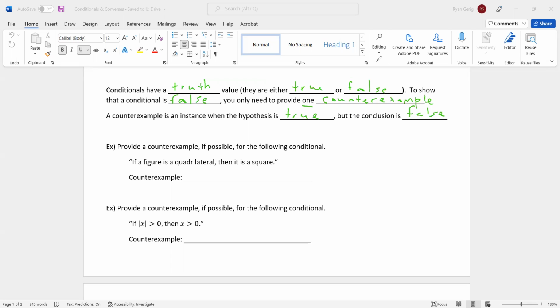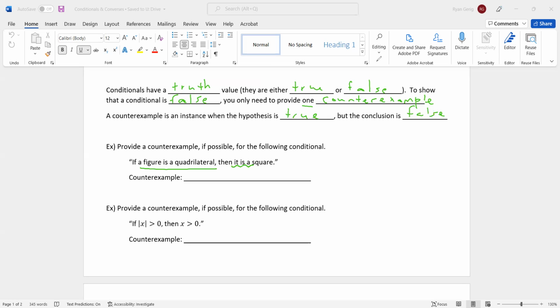Okay, so let's jump right in. If a figure is a quadrilateral, then it is a square. So the hypothesis is a figure is a quadrilateral. So basically the population I'm looking at is all quadrilaterals. It's got to be a quadrilateral. The conclusion is, well, then it's a square.